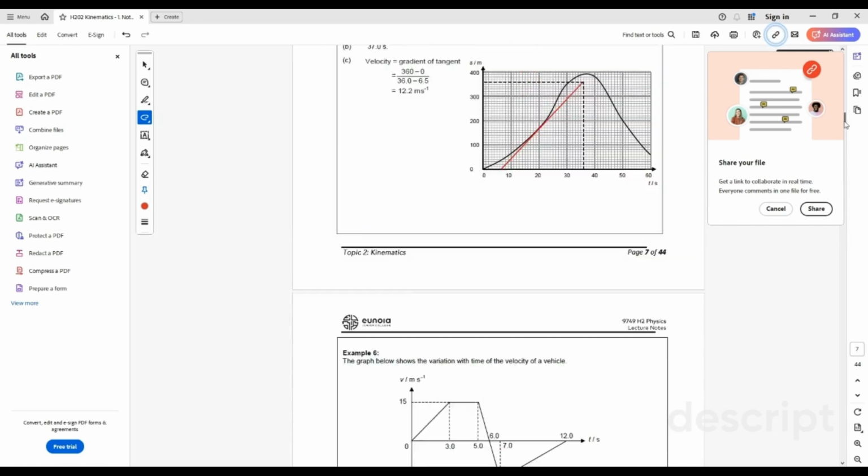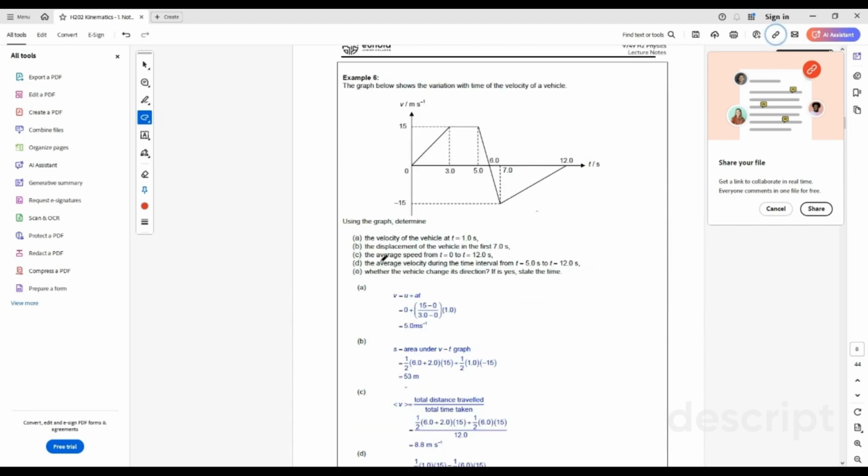Okay, now at this graph, how can we determine the velocity of the vehicle at t equals 1.0 seconds? We can use this formula over here, v equals u plus at, where u is the initial velocity. So we just add 0 as the initial velocity because it was initially 0 at first, and then we add it to acceleration times time.